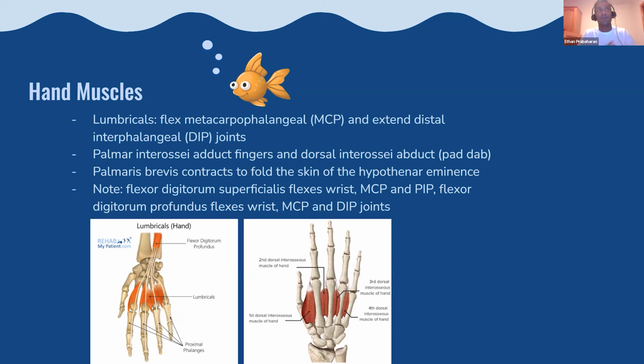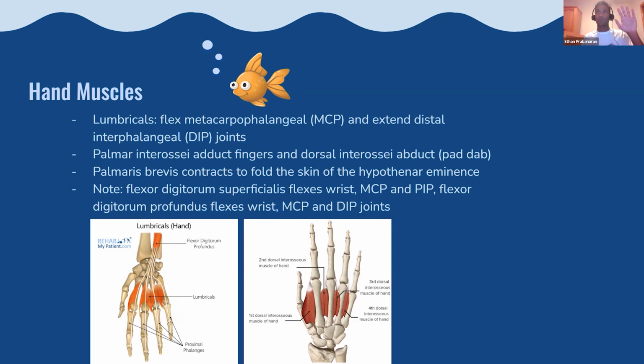Then we have interossei, and we have palmar and dorsal interossei. Your palmar interossei will perform adduction, and your dorsal interossei will perform abduction. Now, with your fingers, it can be quite hard, because with the shoulder, for example, abduction moves your limb away from your body.